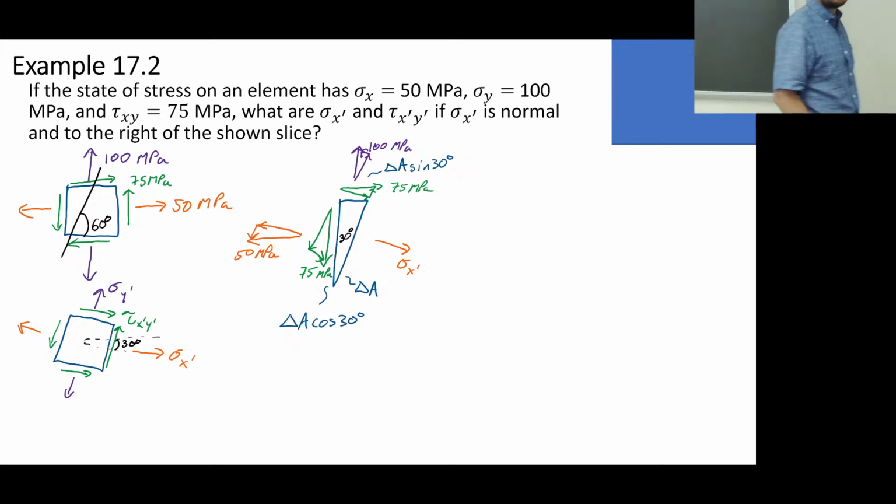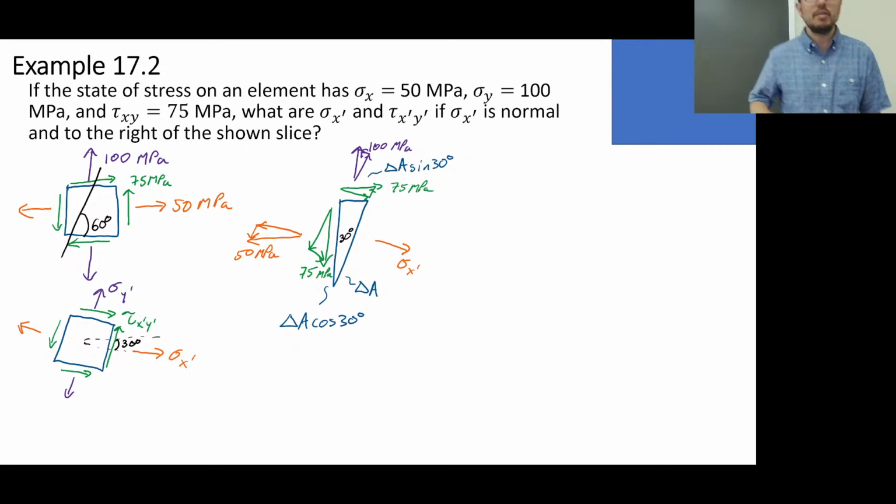Because that 75 is aligned with the tau x prime y prime, right? And on one face it's in the x direction, on the other face it's in the y direction.